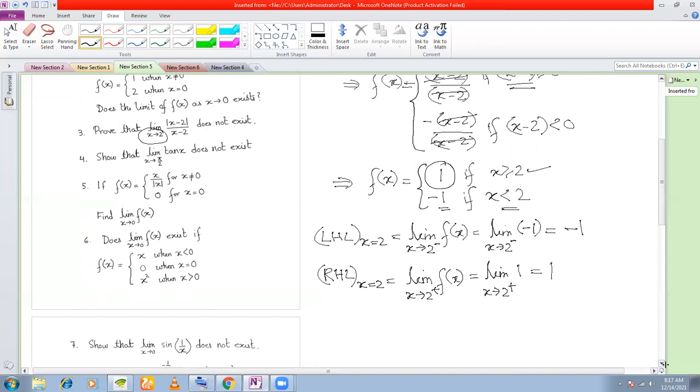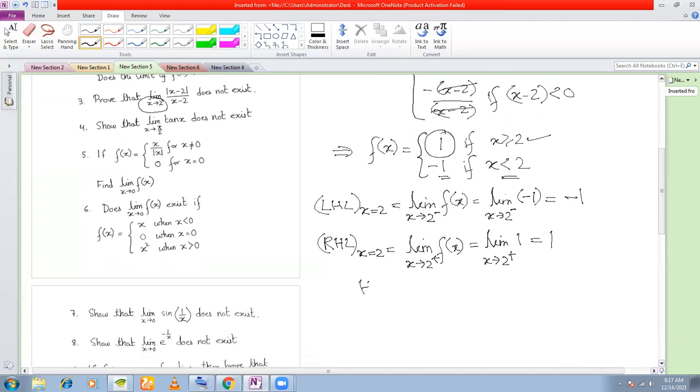So is the left hand limit equal to the right hand limit here? No. So the left hand limit at x equal to 2 is not equal to the right hand limit at x equal to 2. Hence we say that the limit as x tends to 2 of f(x) does not exist.